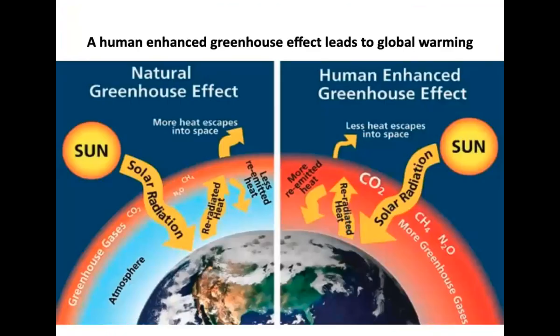This is showing the difference between a human-enhanced greenhouse effect and how it leads to global warming compared to the natural greenhouse effect. If you're looking at those two pictures, what are some of the differences that you see?